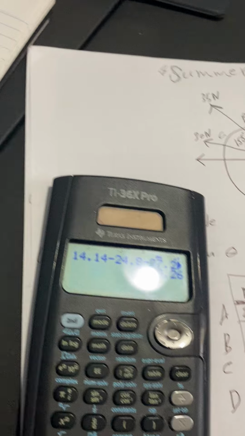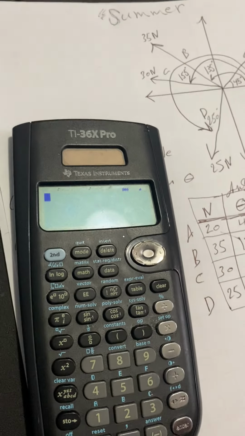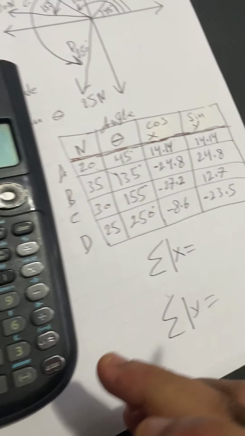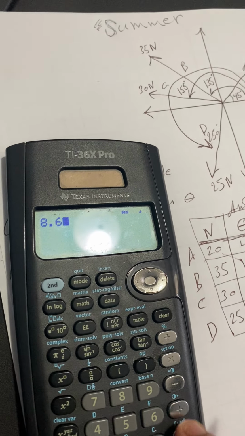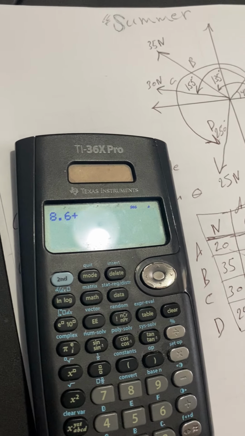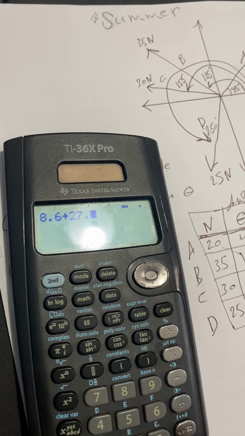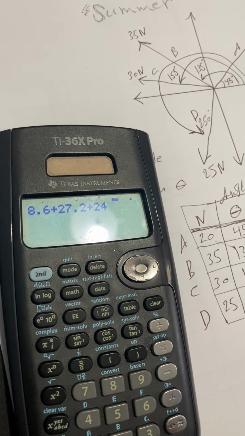hold on, let me do it again. So we add up these, these are negative. We add up these, so it's going to be 8.6 plus 27.2 plus 24.8.